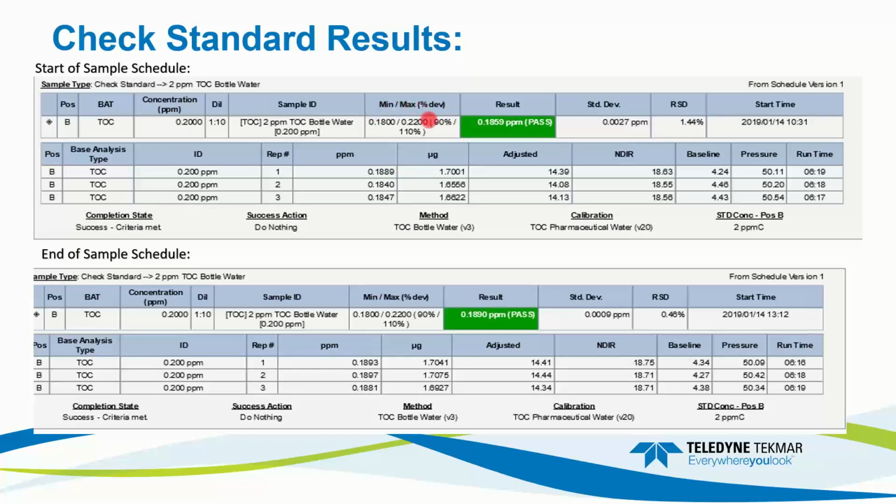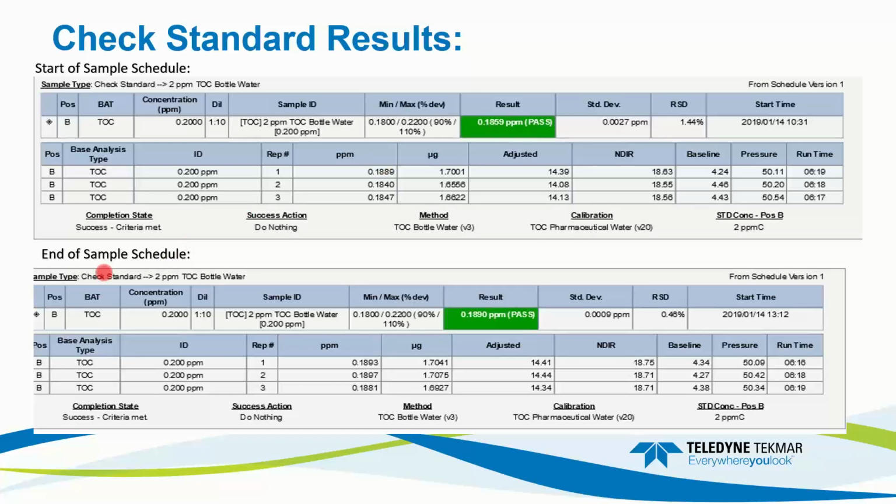And that's one great thing about this system: when you set a check standard, it will tell you if it passes or fails right here. If it failed and was outside of our window, our min or max deviation of plus or minus 10%, or even if our RSDs were high, we can have a failure. We can set up certain criteria within the system to show us what we want to do for acceptable data.